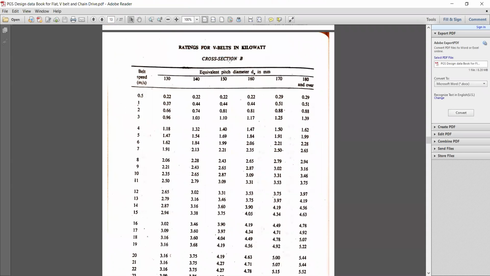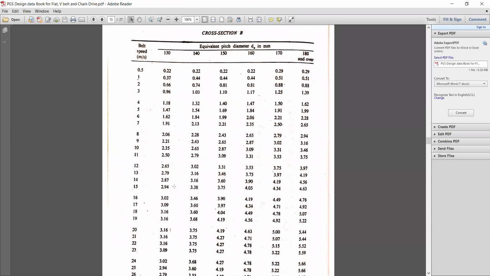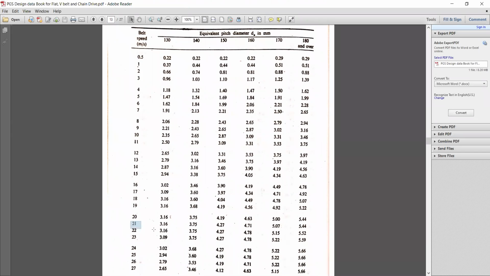We have to select a cross section area, that is B. Belt speed which we have calculated is 21 point something, so we have selected 21. So here this one we have selected.